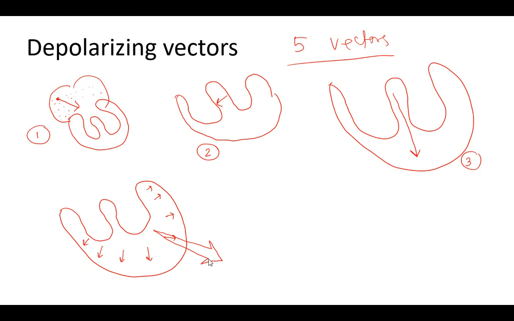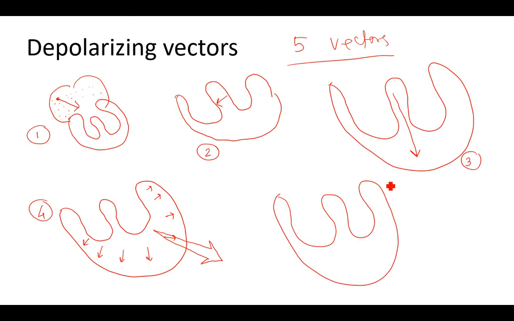Okay, so this is the fourth vector, and the fifth vector or the last vector is the vector that is depolarizing the posterobasal part of the ventricular muscles. Okay, so the posterobasal part.